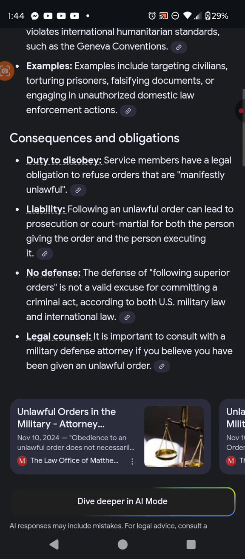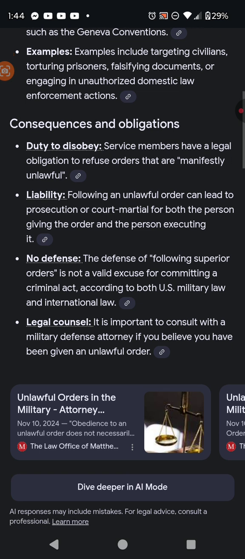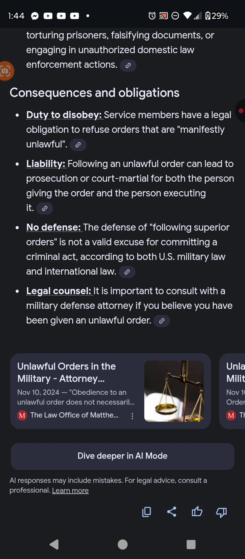Consequences and obligations. Duty to disobey. Service members have a legal obligation to refuse orders that are manifestly unlawful. Liability. Following an unlawful order can lead to prosecution or court-martial for both the person giving the order and the person executing it.